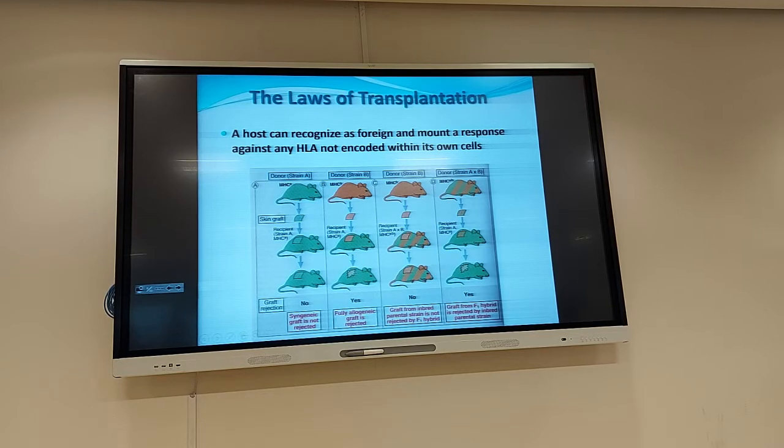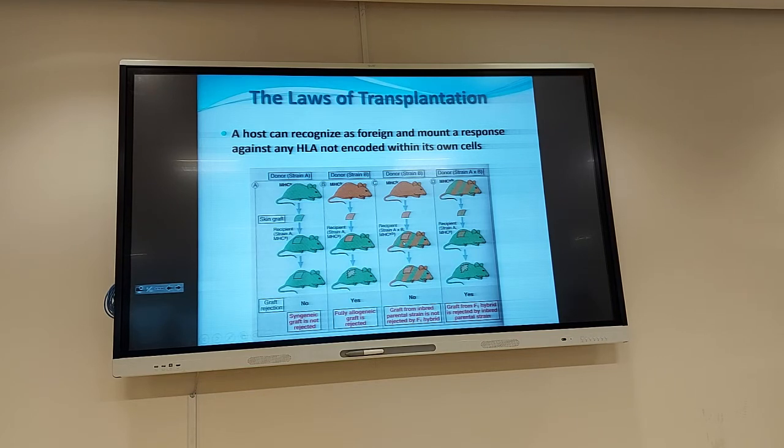Your question? Yeah, and the third one, the one you're talking about right now, why wouldn't the green part attack the orange part? Because this progeny, this hybrid, contains both A and B elements, right? But you are transplanting only B elements into this mouse.